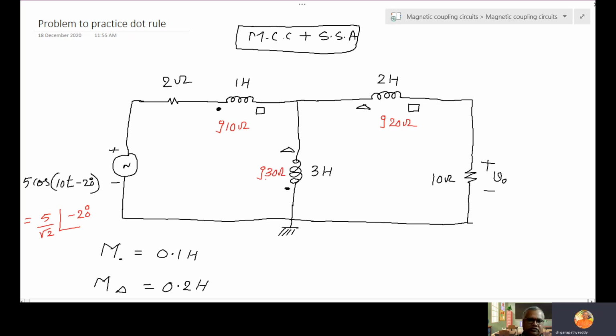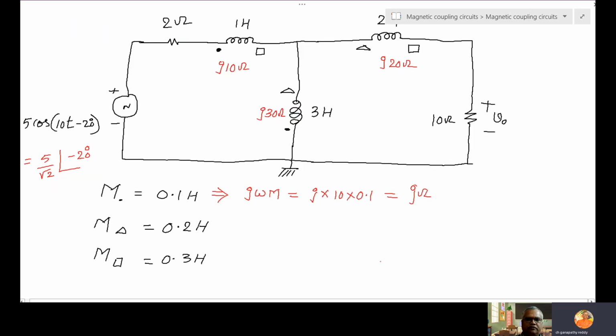So these are all self-reactances. Then the mutual reactances, j omega M. That is j into 10 into 0.1, so it is equal to j ohms. The same way, this is j into 10 into 0.2, equal to 2j ohms.